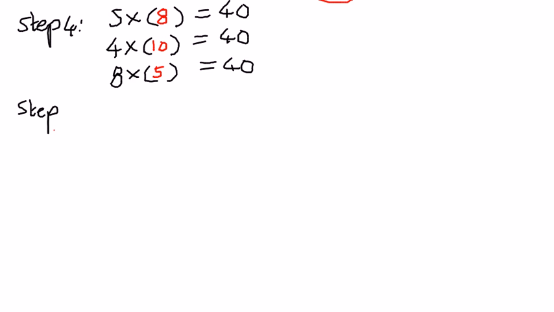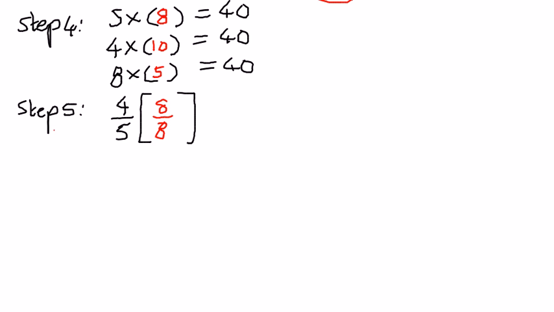Step number 5. The first fraction is 4 over 5. If we multiply and divide by 8, we're going to make the denominator 40.